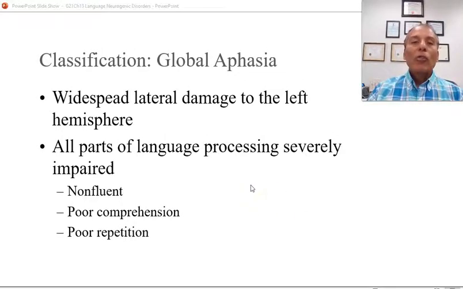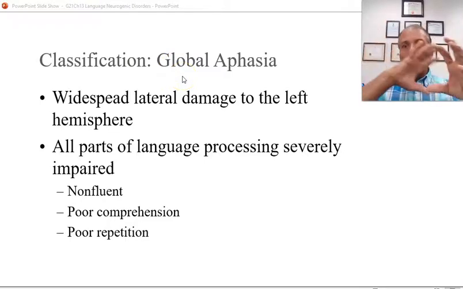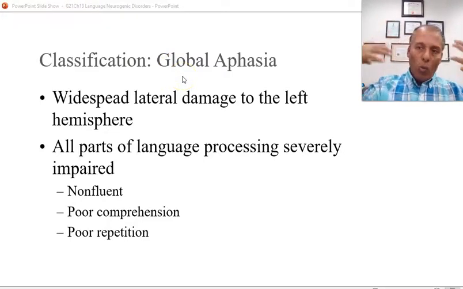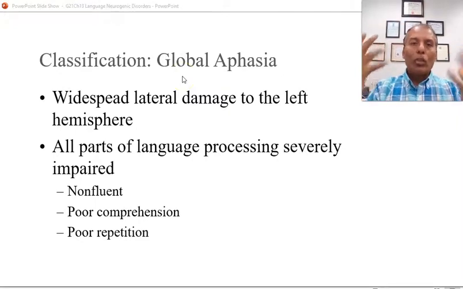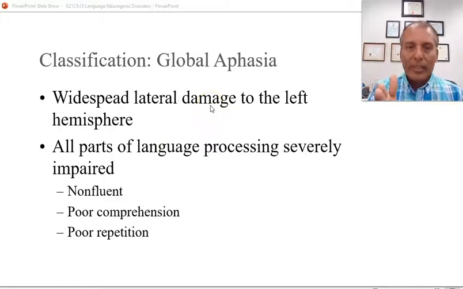Then there's global aphasia. From the word global, you can see that it goes into widespread damage across the brain, and especially inside of the left hemisphere, because we said aphasias only occur in the left hemisphere.